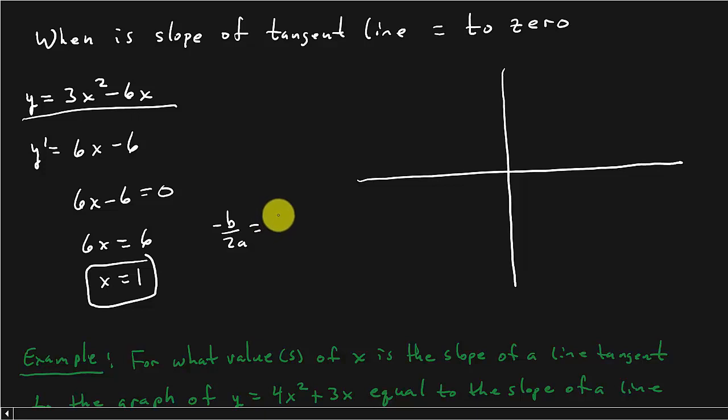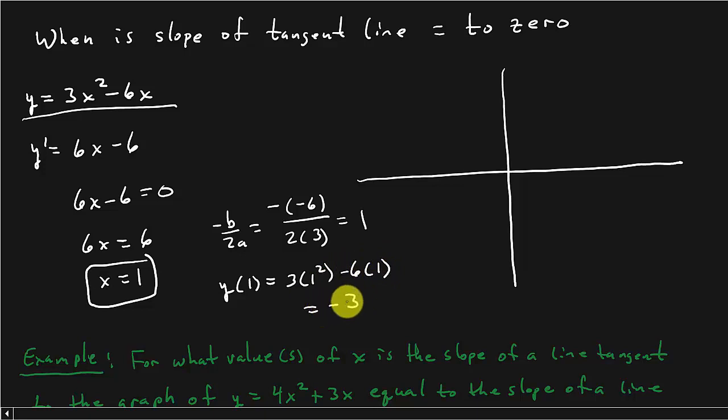So I've got negative negative 6 over 2 times a, which is 6 over 6, equal to 1. And then y of 1 is equal to 3 times 1 squared minus 6 times 1, which is negative 3. So the vertex is 1, negative 3.